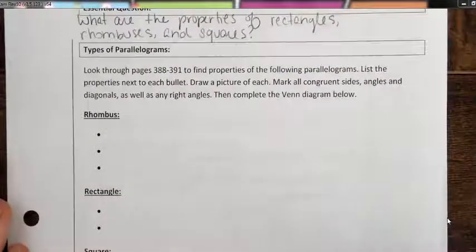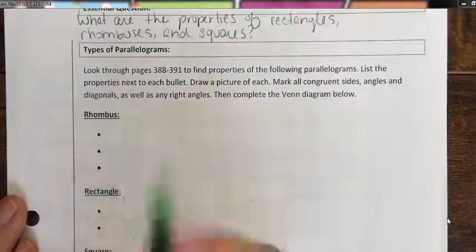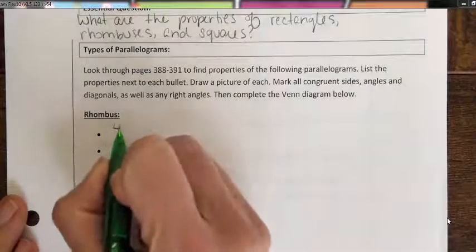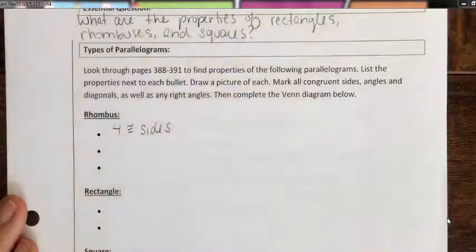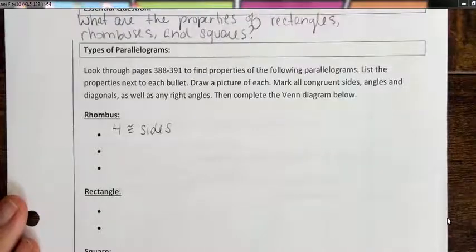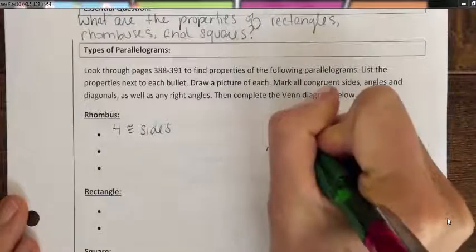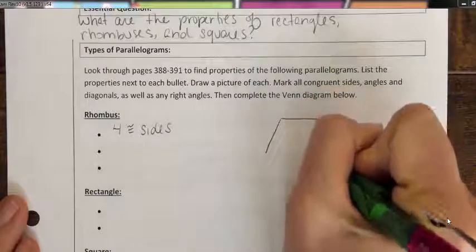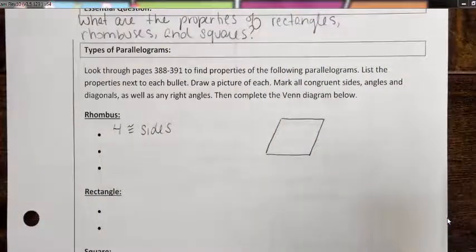Okay, now that you've done all that. So, for a rhombus, what's important to know is that you have 4 congruent sides. So it's kind of like a square, but you don't necessarily have 4 right angles. So a rhombus is like a square, but it's been pushed over a little, right?